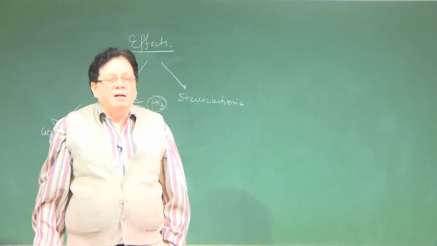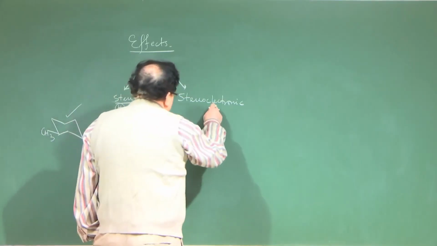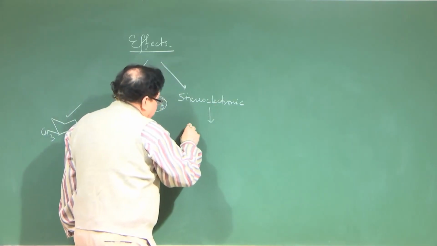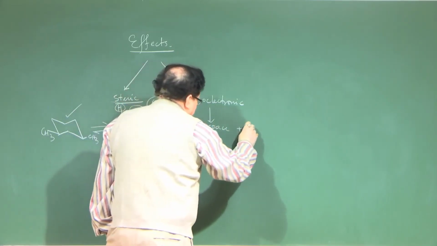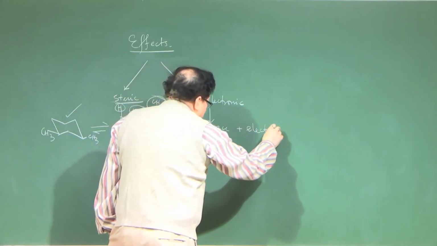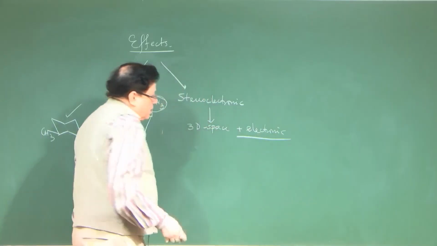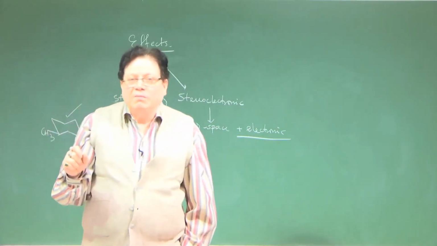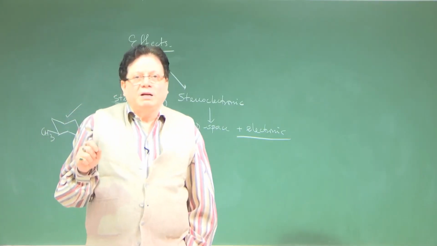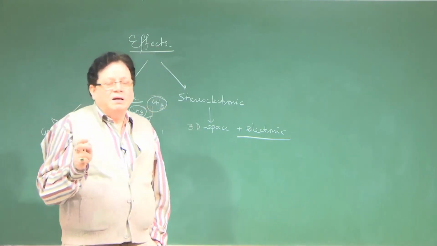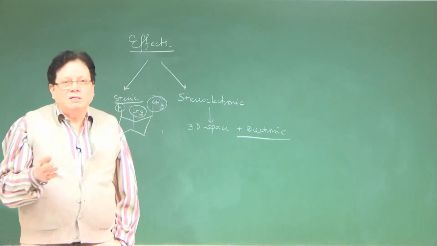Stereo means 3D space, and electronic, so combined, the spatial orientation of the orbitals can create stabilization or destabilization.